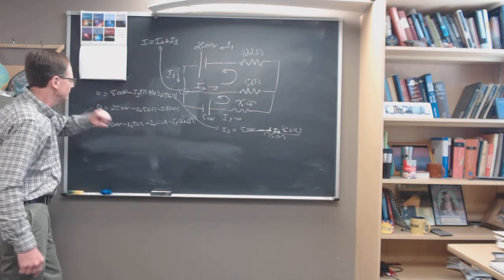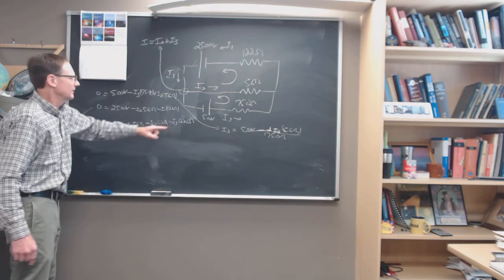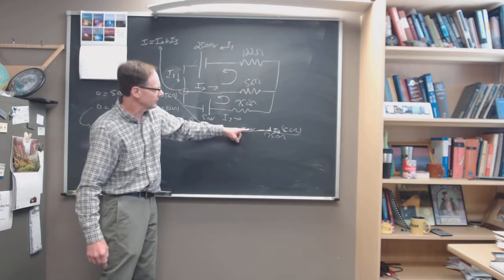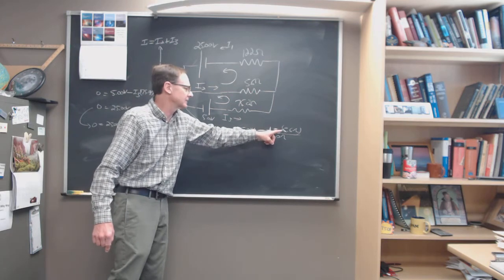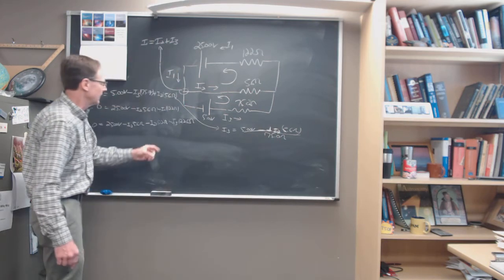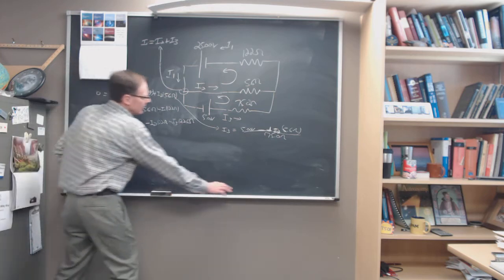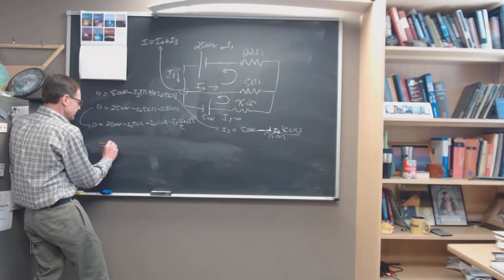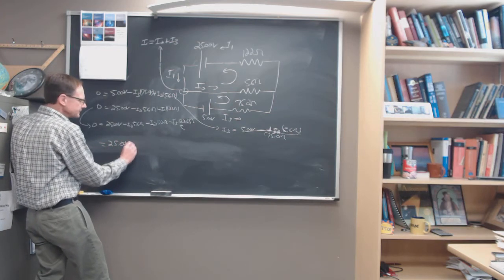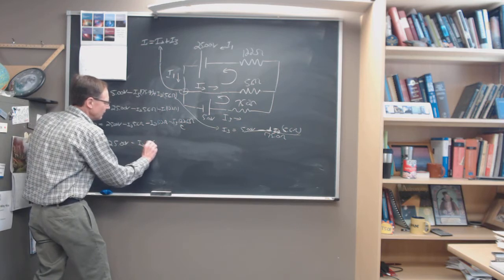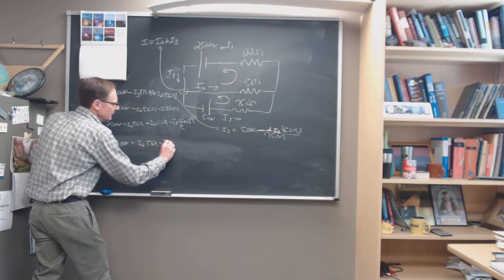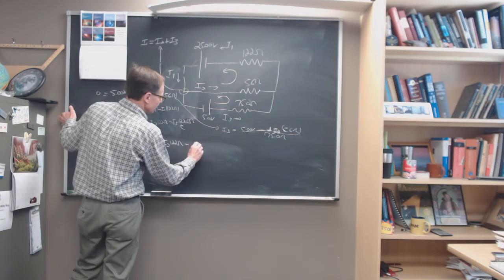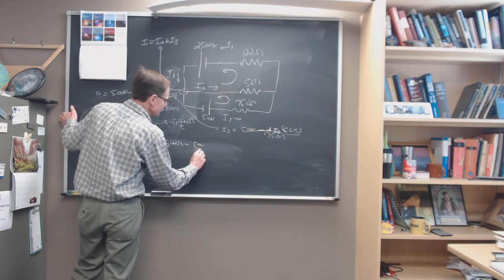So now I've got this equation in terms of I2 and I3. I can solve this for I3 and say I3 is 5 volts minus I2 times 5.6 ohms, divided by 75 ohms. And that would go in right here for I3. Let's see if we can actually do that algebra. We've got 25 volts minus I2 times 5.6 ohms minus I2 times 122 ohms, minus 5 volts over 75 ohms.